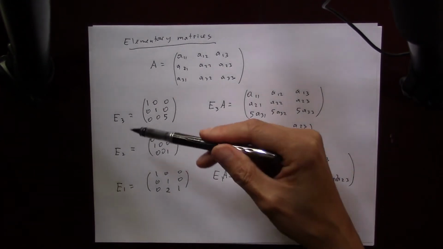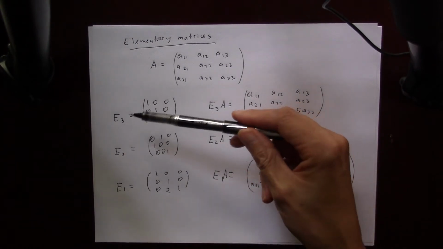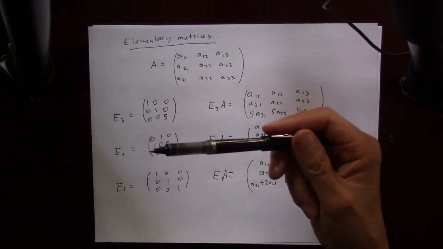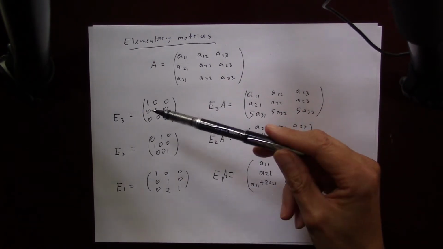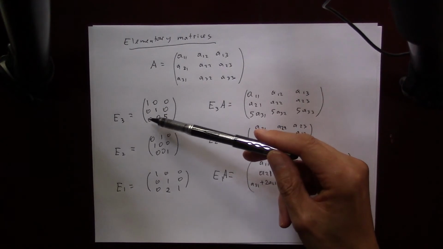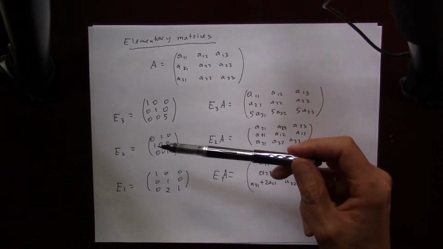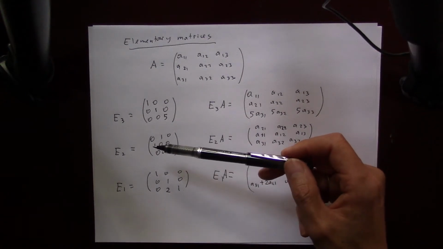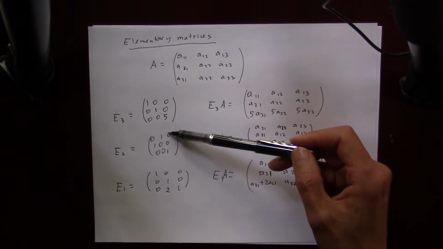Second observation: matrices E1, E2, and E3 are invertible. For example, to undo E3, you multiply the third row by 1/5. To undo E2, you do E2 again, you switch row 1 and row 2 again.